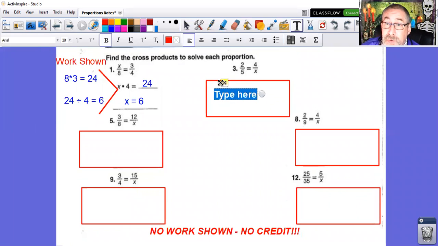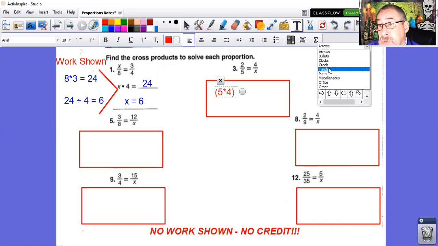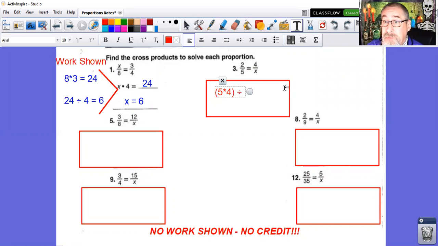So here is where your work starts. If I'm going to do this problem, I'm going to cross multiply. So I'm going to do 5 times 4, and then I want to divide by the remaining number, the number that doesn't have a partner. So I divide by 2, and that is equal to my x value.